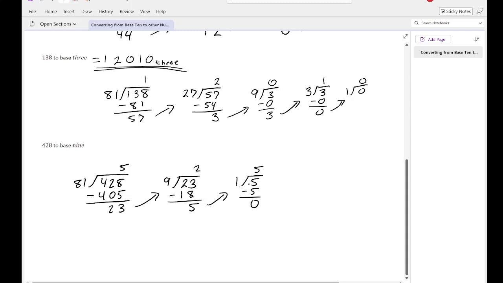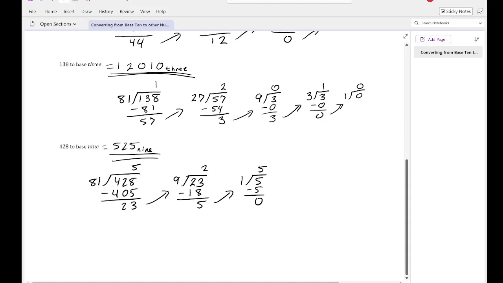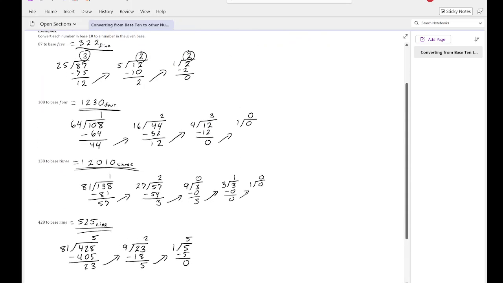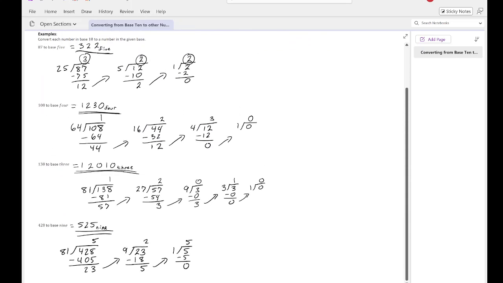Again, I end at 9 to the 0 power, so my number is going to be 525 base 9. That is how you would convert from our number system into a different base system. Again, descending powers of whatever base you are looking at converting to.